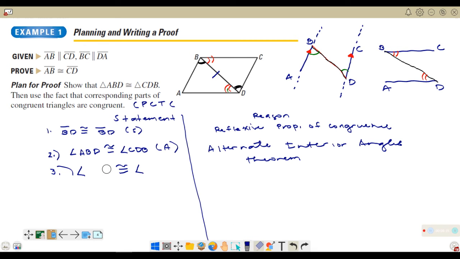Baligtad ako. ADB, CBD. Again, alternate interior angle theorem pa rin tayo. Number 4. So, triangle ABD is congruent to triangle CDB.